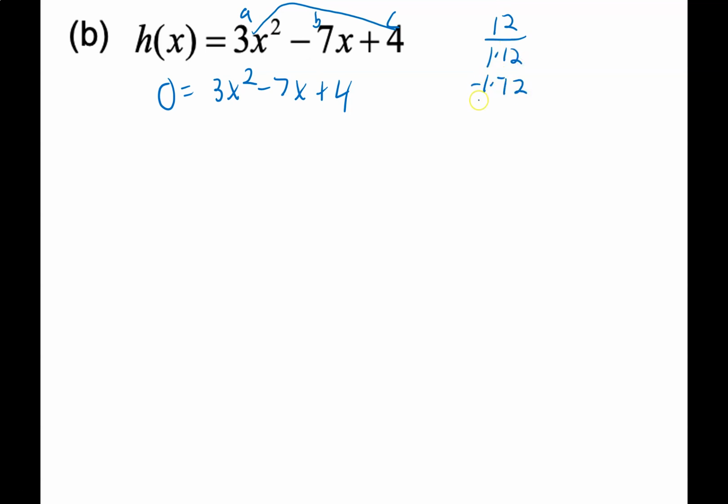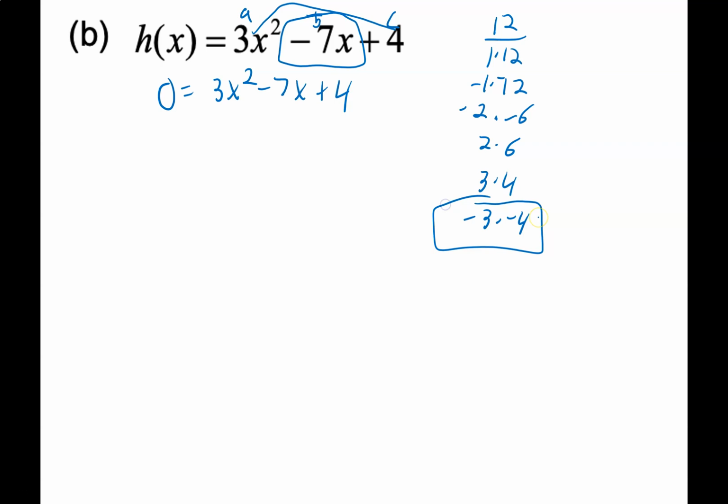-1 times -12. -2 times -6. 2 times 6. 3 times 4. -3 times -4. All of those will multiply to make 12. I'm looking for the ones that when I add or subtract will make -7. And that's these guys. So what I'm going to do is just a little rewrite here.